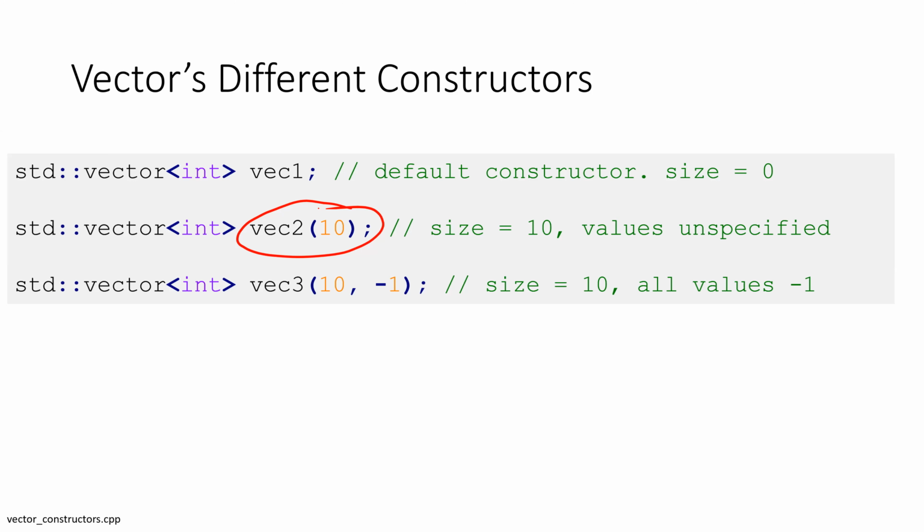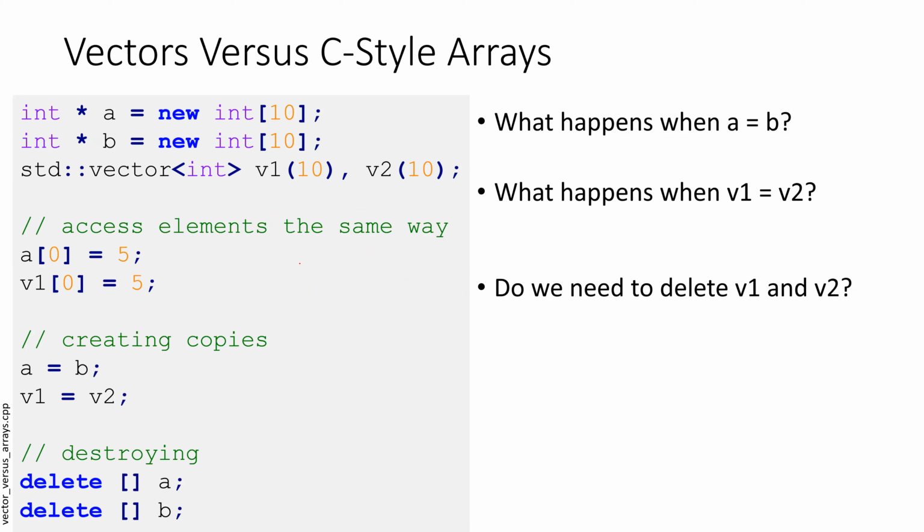They'll all basically be the default though, okay? The default of whatever that value is for that class. So for integers, the default is 0, so I believe these will all be the default value of 0. And this one says, make my vector have 10 elements, and set them all to -1. Okay, so you've got a few useful constructor types.